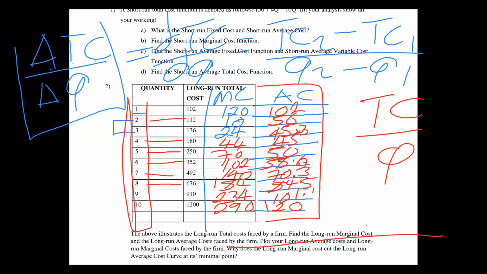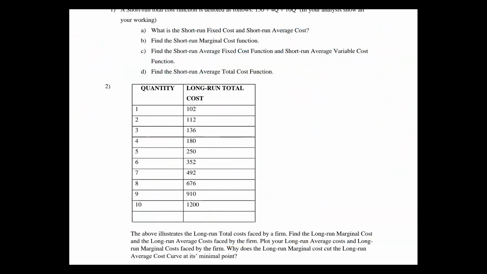Then, why does the long run marginal cost cut the long run average cost at its minimum? It is a question that someone had asked previously. Why is that the case?